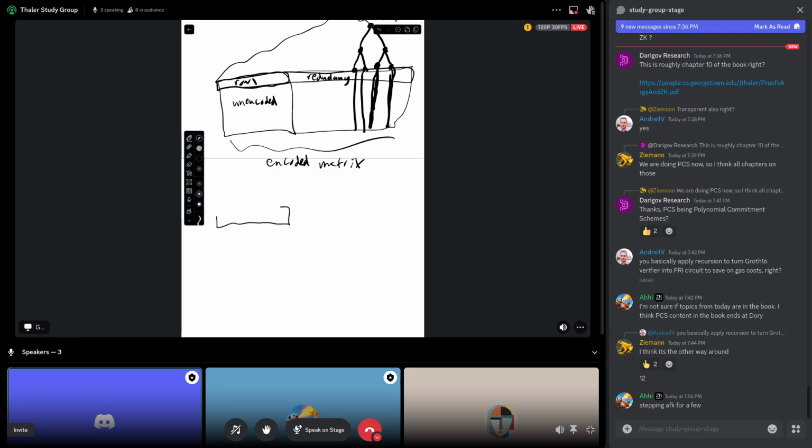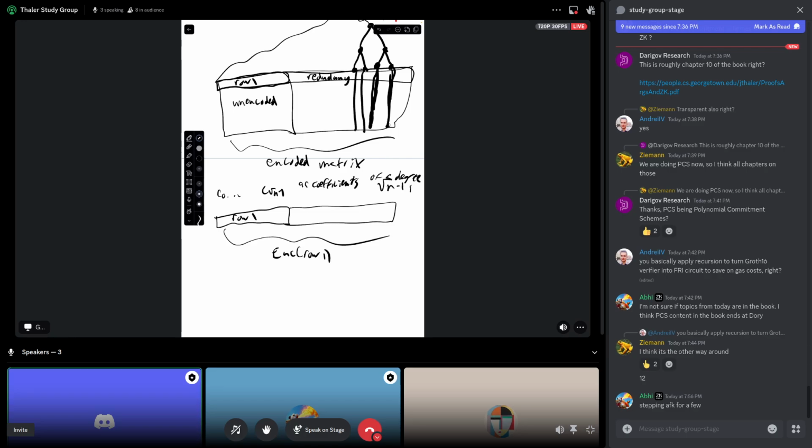When I talk about row one, and this whole thing being the encoding of row one, what's going on is that we interpret the root n entries of row one, C0 up to C root n minus one, as coefficients or evaluations, however you want to do it, of a univariate polynomial of degree root n minus one. And then the encoding is just extra evaluations of this polynomial.